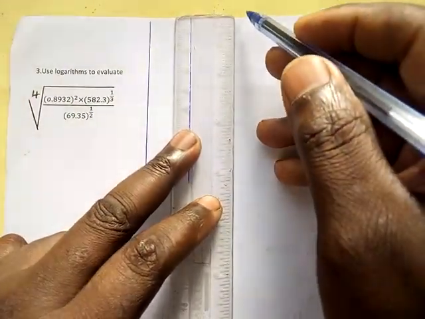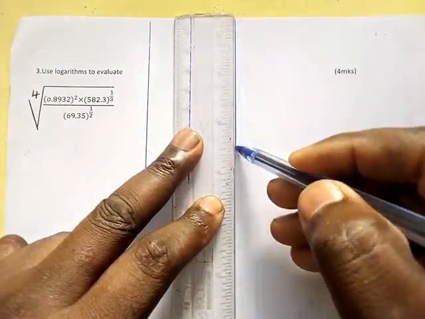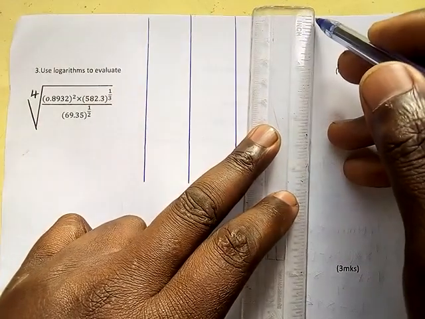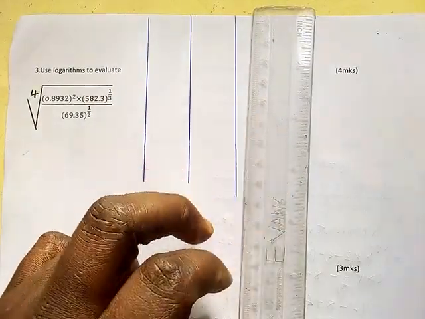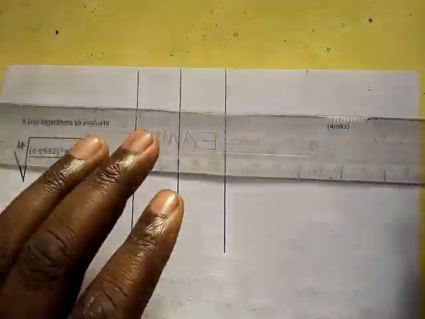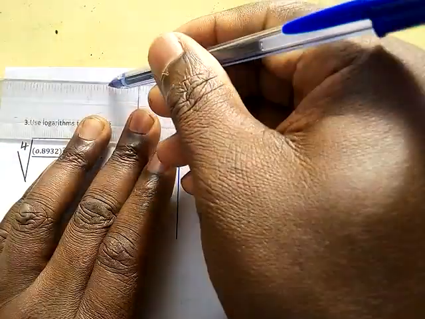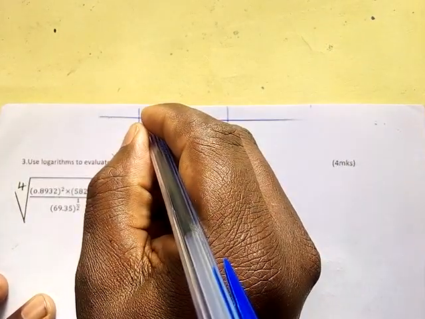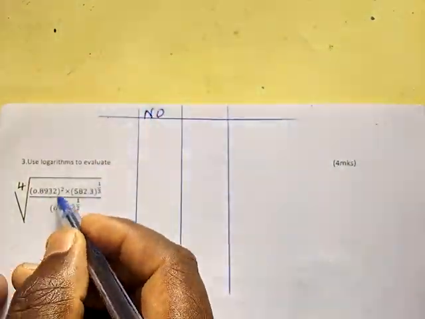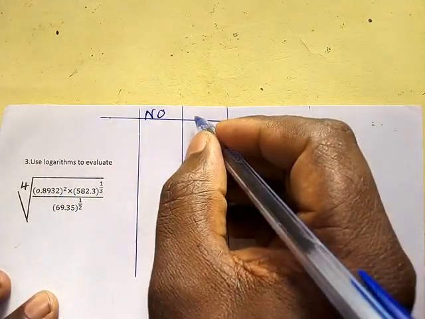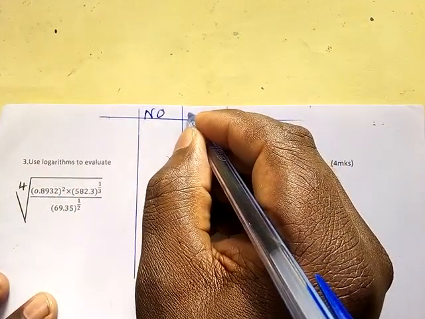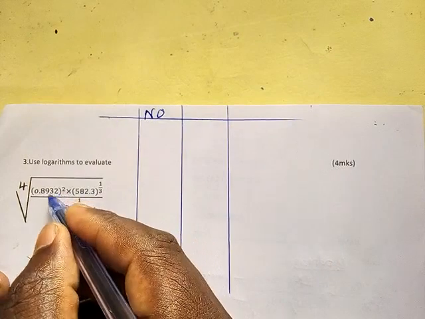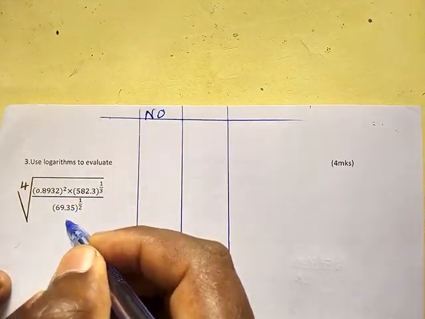You will see which columns these are. The first column is where we have the numbers, and the next one should be the standard form, because some numbers here we have to write in standard form.